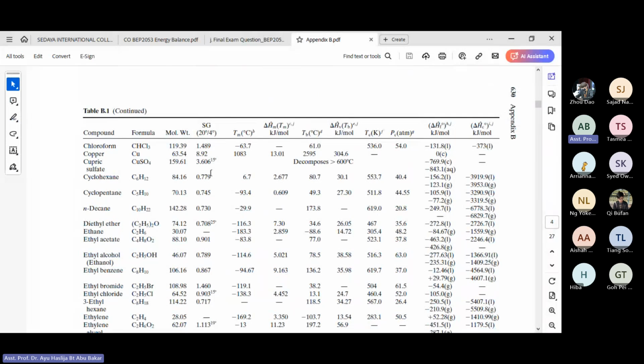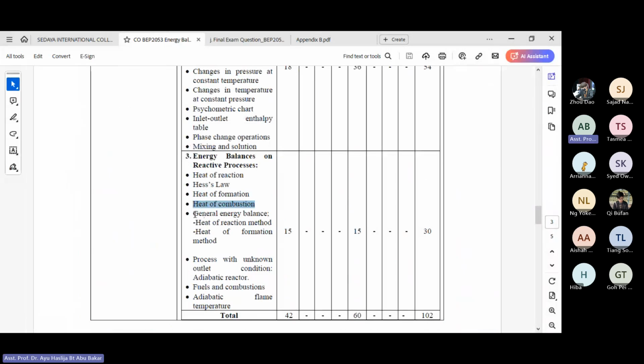Combustion process means it reacts with oxygen, producing CO2 and H2O. That is the only product. Then general energy balance, the heat of reaction method or heat of formation method, is used when it involves a reactive process.